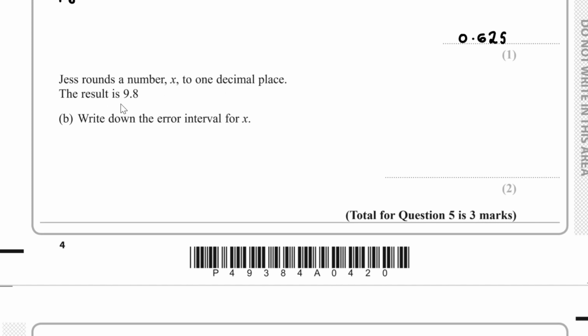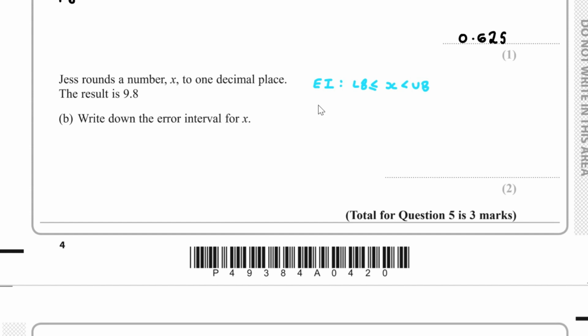And now for the next part, Jess rounds a number x to 1 decimal place. The result is 9.8, and we have to write down the error interval for x. Well, the error interval, we've got the lower bound, which is less than or equal to x, which is less than the upper bound.